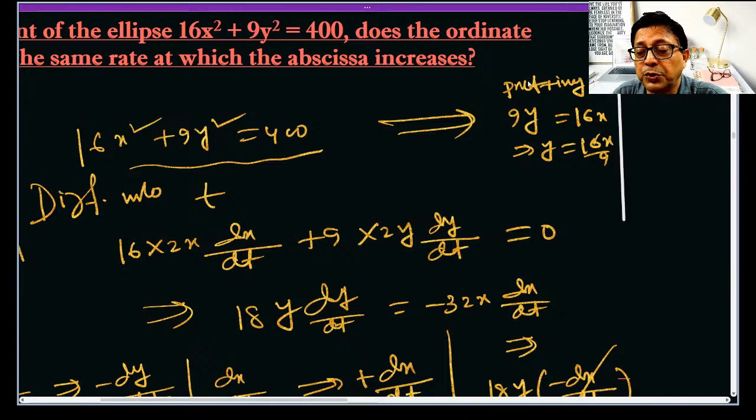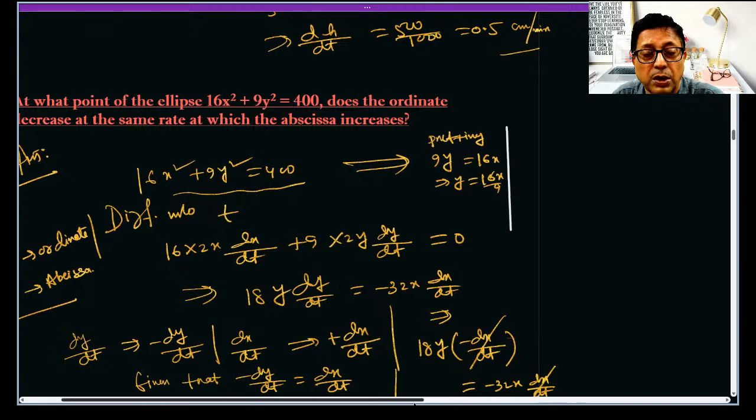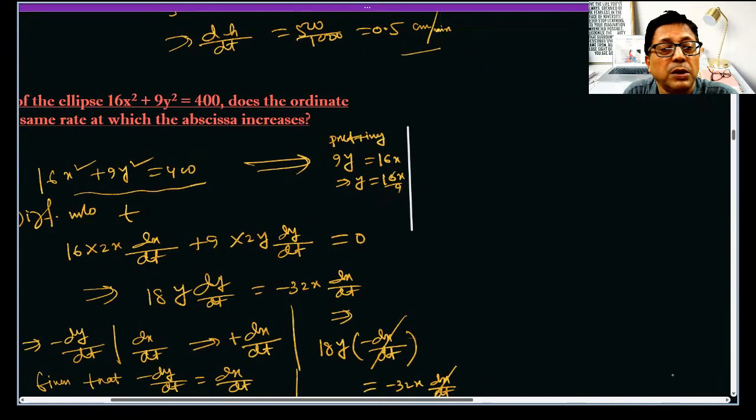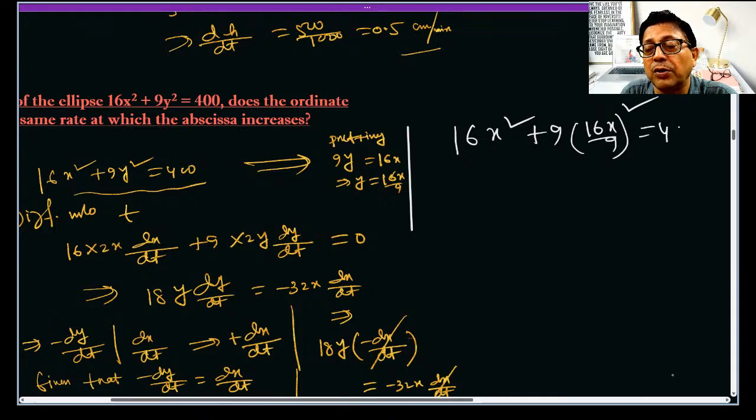So this is changing to 16x square plus 9 into (16x by 9) whole square equals 400. Clear?